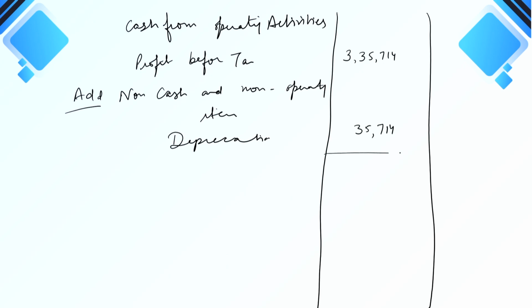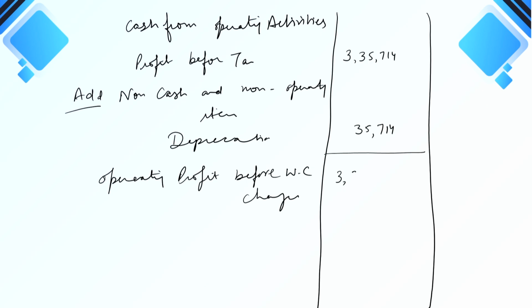Nothing more is mentioned, so we can compute the operating profit before working capital changes, that is going to be 3,71,428 rupees.